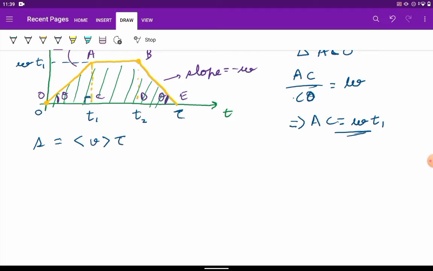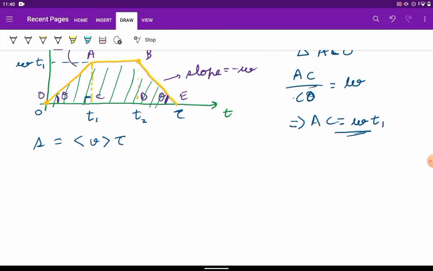The average velocity is the total displacement by total time taken. We already know what V is, it is given, and we already know tau, so we know the total displacement. Now we need to find S as the area under the curve.